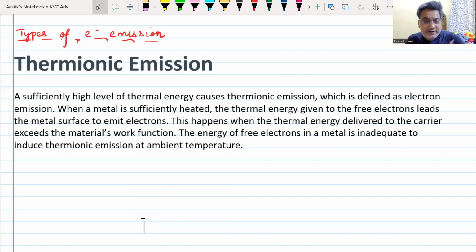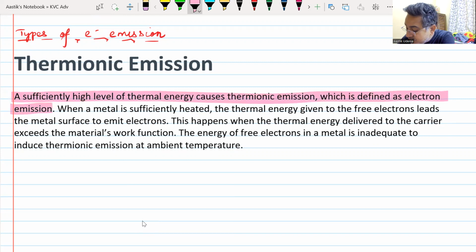They get enough energy. If they get enough energy, they will be able to leave this surface. This type of emission is known as thermionic emission. So thermionic emission is the emission of electrons from a metal surface by heating it up sufficiently.